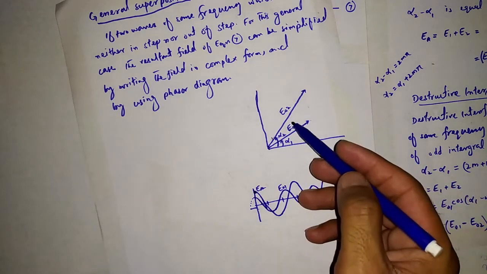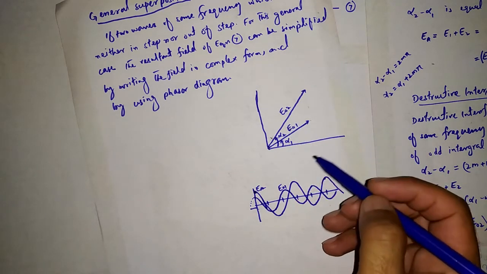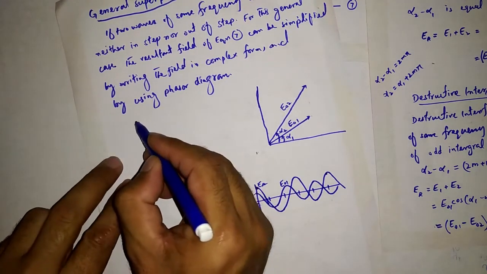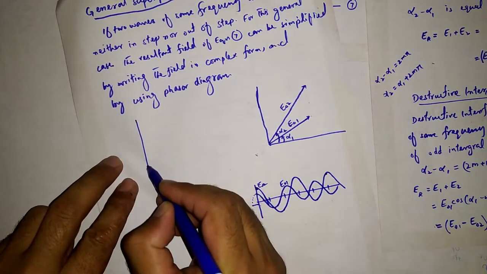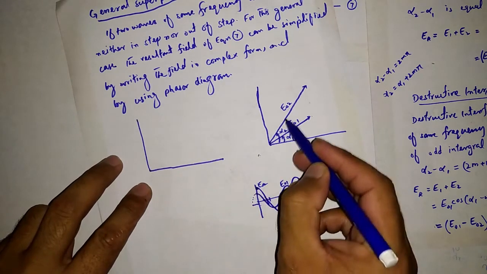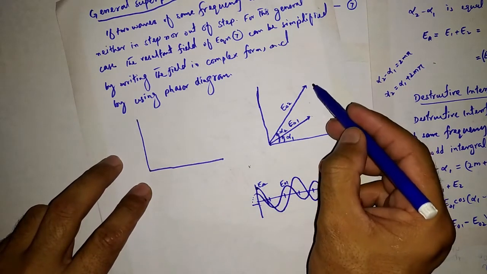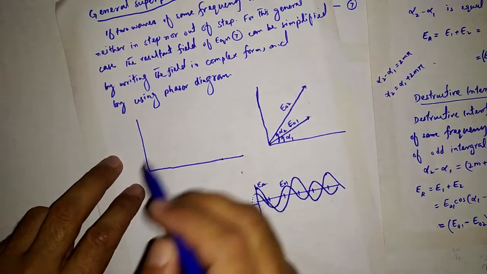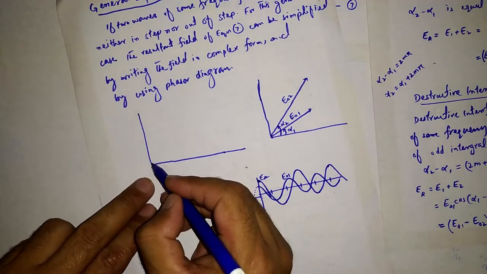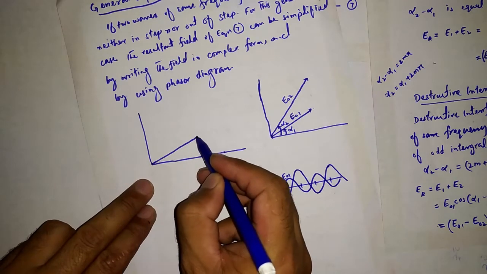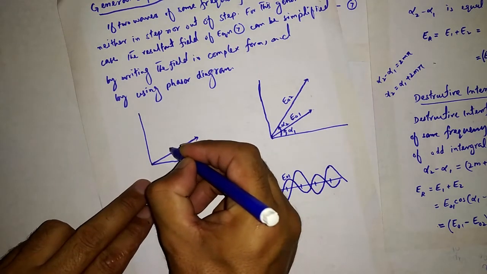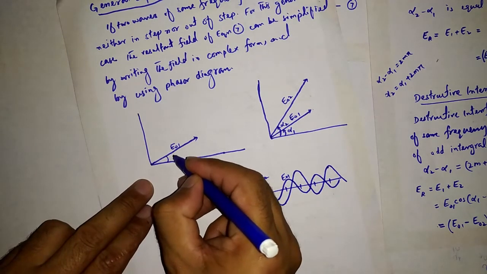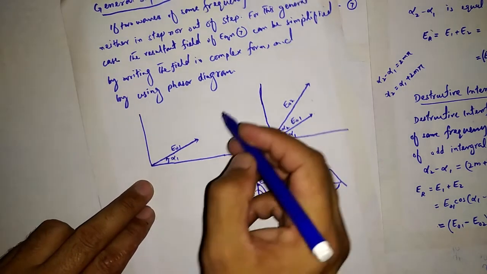So if we are going to add these two waves, we have to add them vectorially. I can place the tail of the second vector at the head of the first vector. This is E naught 1, and it has a phase alpha 1.